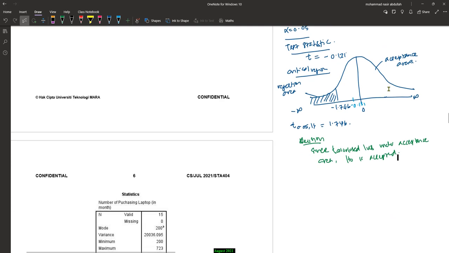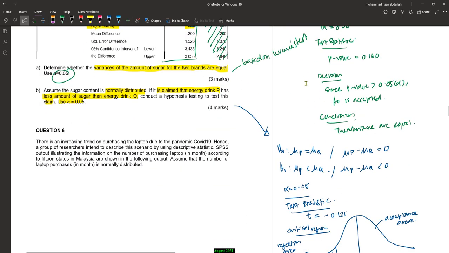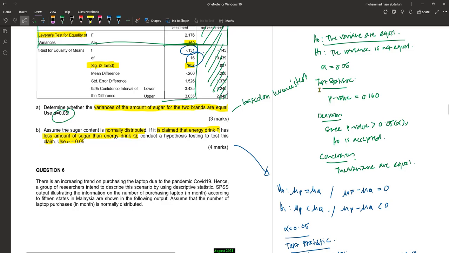Once you accept the null hypothesis, the conclusion is that there is no difference in the mean amount of sugar between P and Q. So that's how we answer question number 4, for 4 marks.